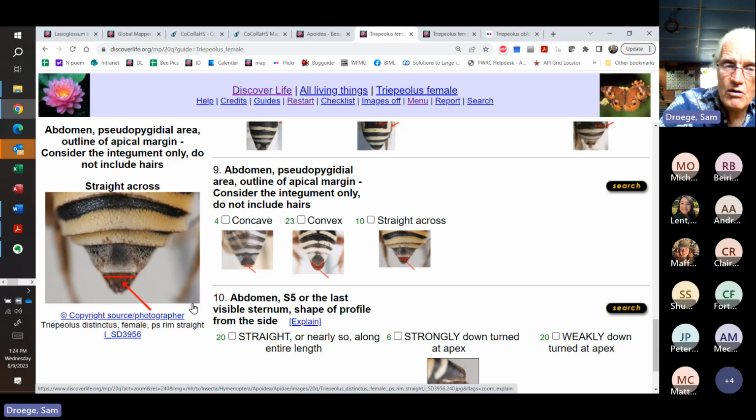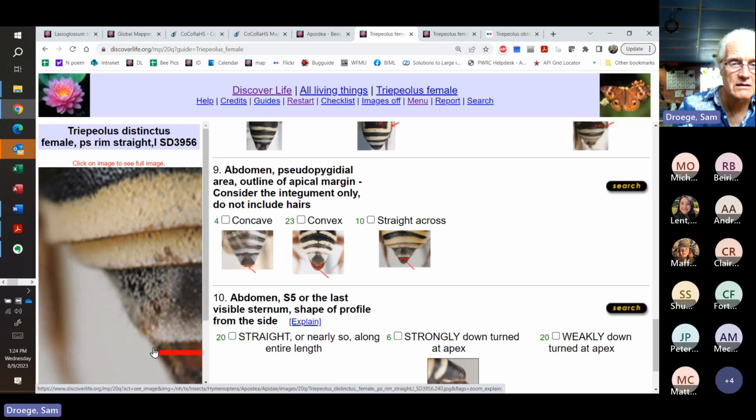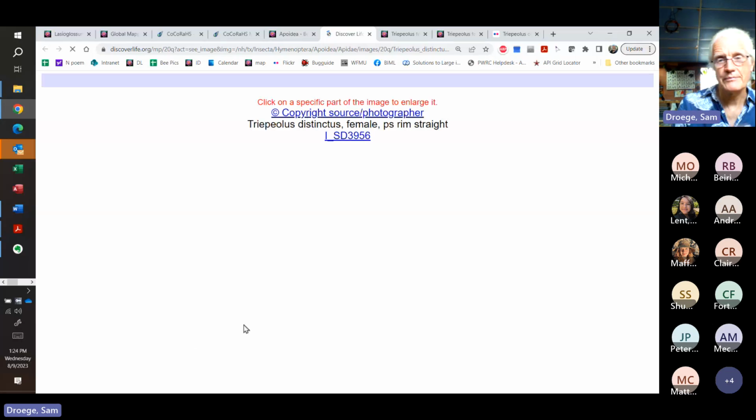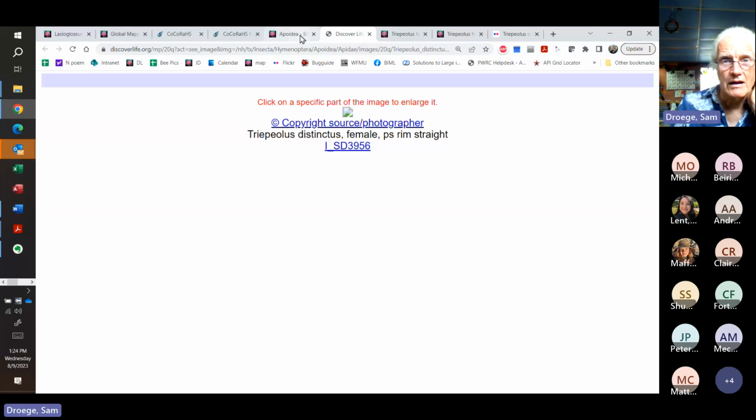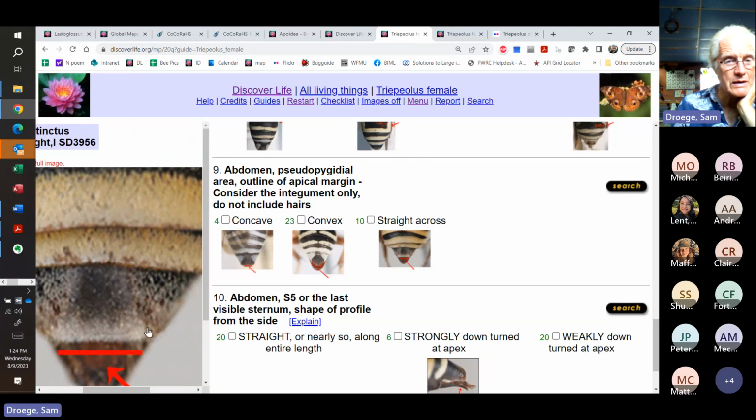Straight is obviously very tightly defined by geometry, but I found working with these specimens that a lot of specimens can be clearly defined as being, oops, darn it. Hang on. What did I do here? Oh, here we go. That can be pretty easily defined as directly straight across.